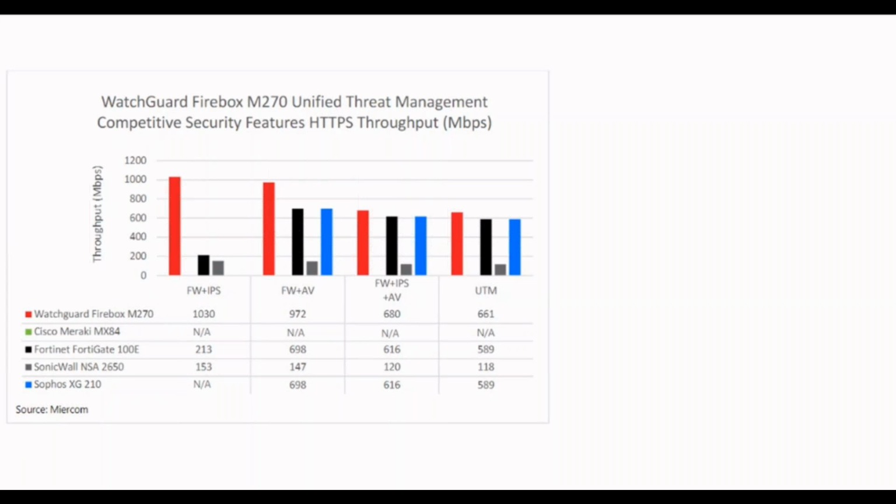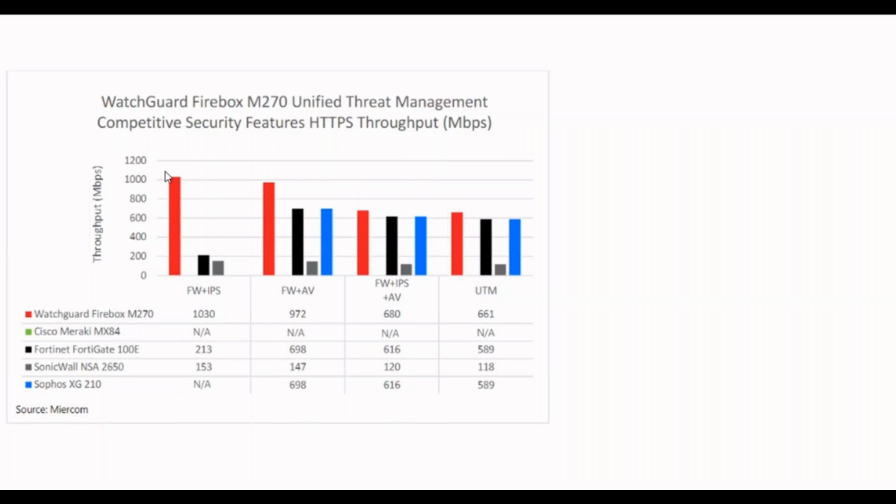Now, definitely whenever we are turning on the content inspection, it will affect the performance of the firewall. But it depends on the percentage, or how much the effect is going to be.